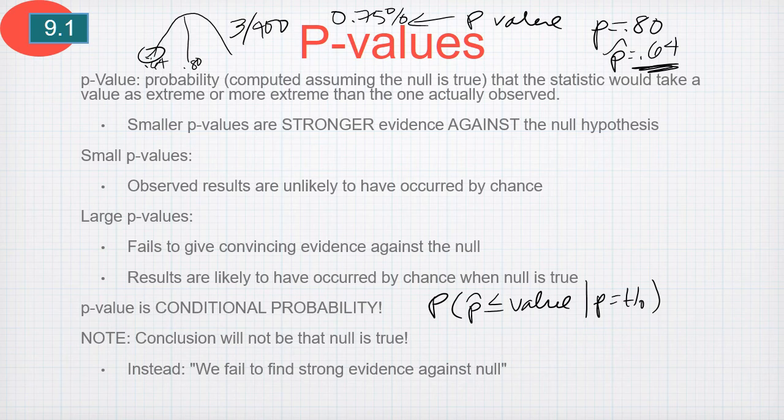Okay, that's kind of a weird way to word it, and you really have to understand this concept, that even if the data says that the null could be accurate and true, all we're saying is we don't have evidence against the null. So we can't say the null is true, we just don't have evidence against it.